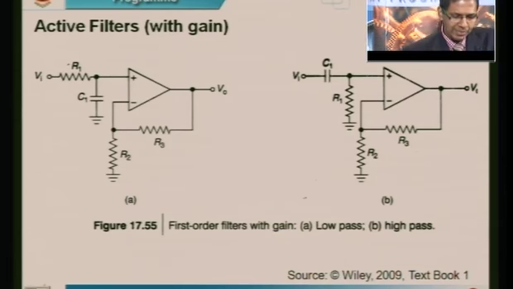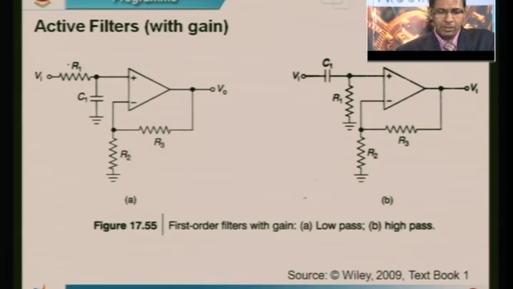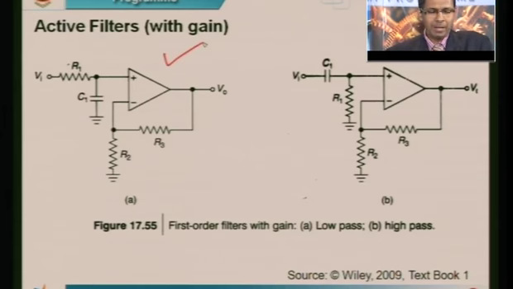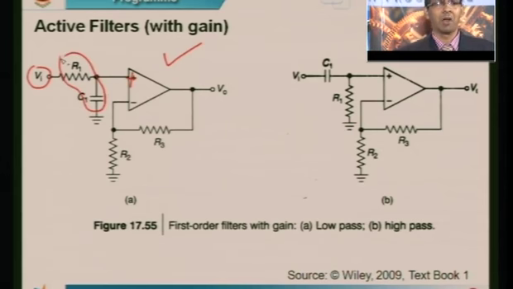In that context, if you look at the first configuration on the left, it has a feedback resistor R3 and a resistance R2, and I am applying the input Vi at the non-inverting terminal. So this becomes a non-inverting amplifier. For the time being, simply ignore that this R and C are there.